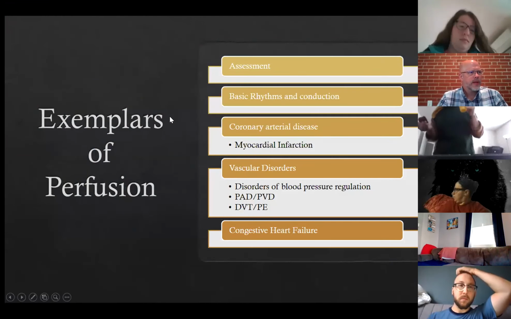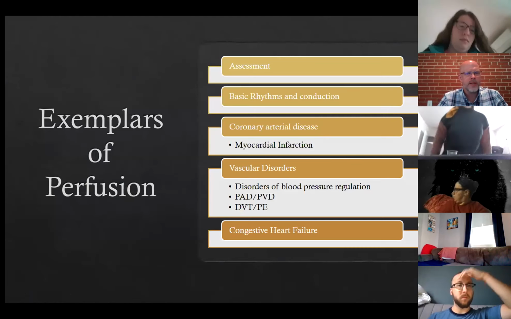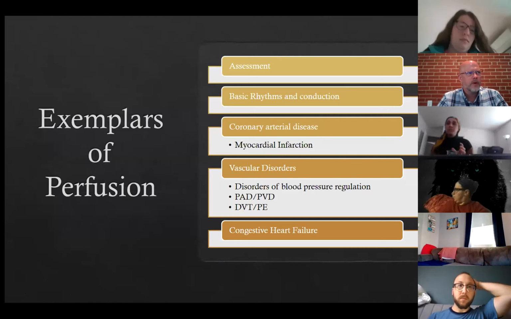All right, so within this course, this is what we will cover over the next 2 weeks. We have assessment of perfusion. We'll go over some basic rhythms and conduction. We'll be strongly focusing in on normal sinus rhythm, sinus tach, sinus brady, as well as atrial dysrhythmias. You'll cover all of the ventricular dysrhythmias, mostly in adult health too.